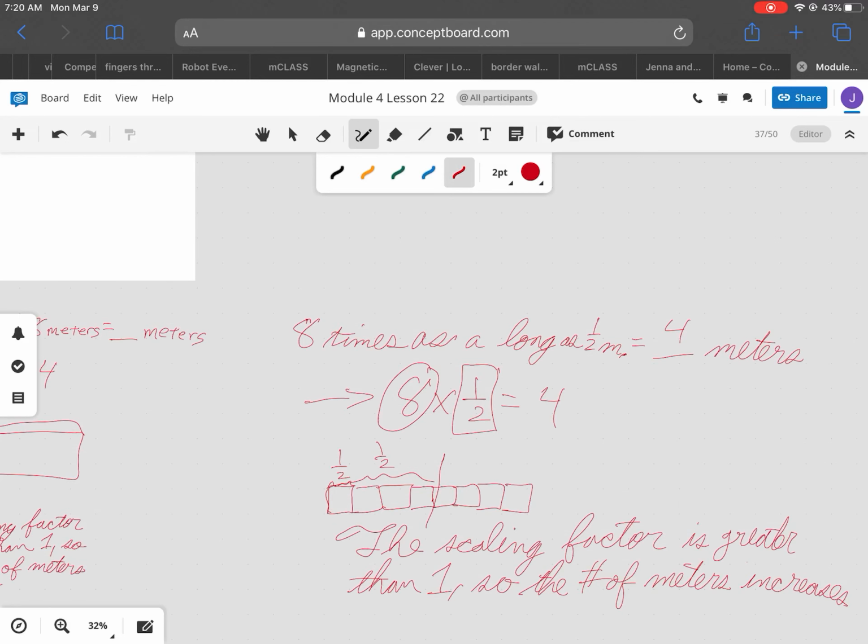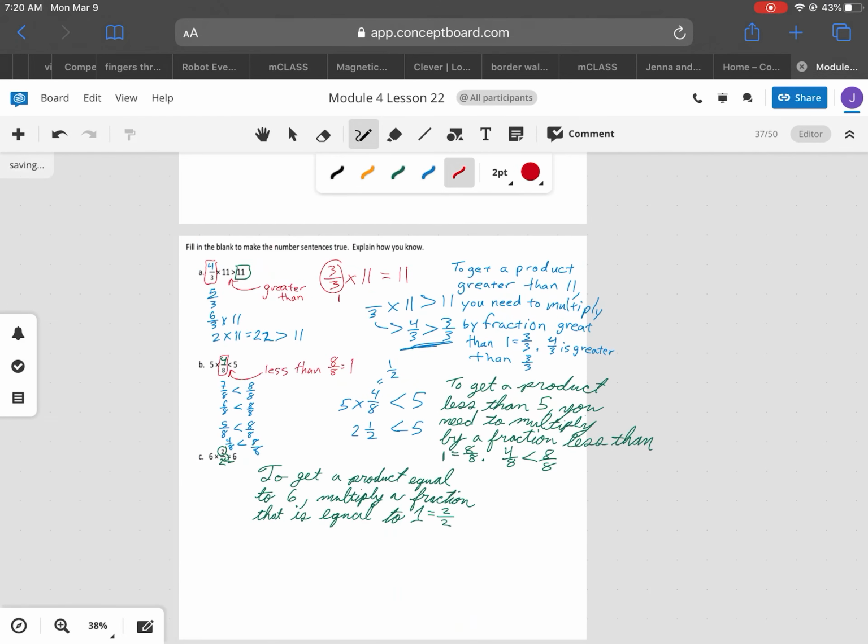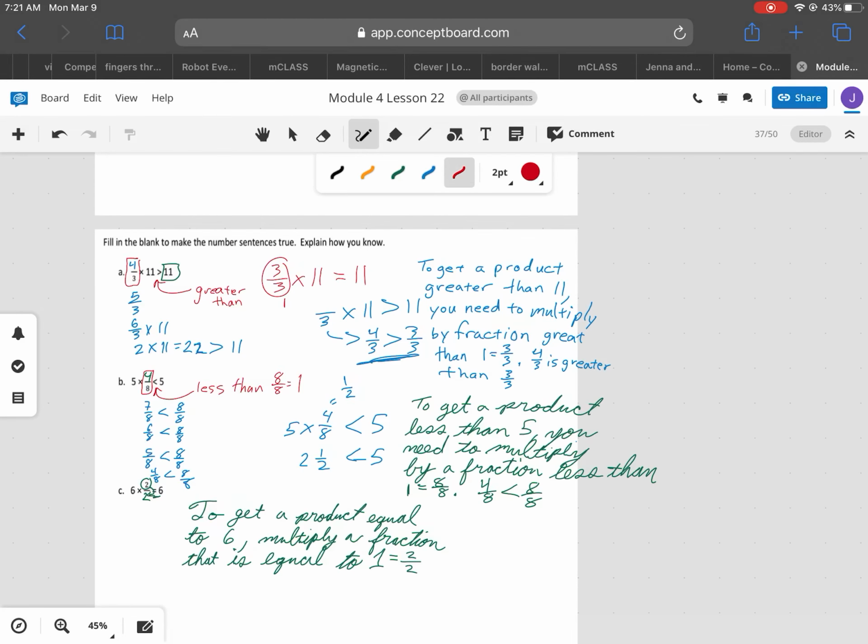So our scaling factor is 8, which is greater than 1. So therefore, instead of a half, it goes up to 4. It increases. Okay? So I basically showed you that here. It's the same kind of idea.